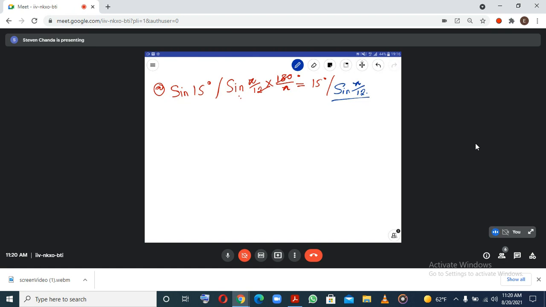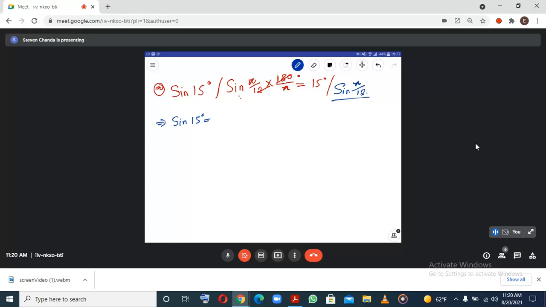So what we are going to do then is sine 15. Now I'm sure by now you see that we can use a lot of methods, right? By now you know that we can use the addition and subtraction identities, but we already did that yesterday. So let's make use of the half angle formula.